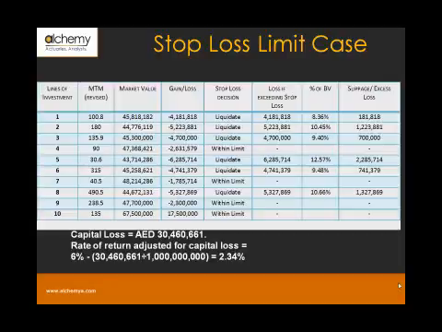So while slippage has happened, from a capital protection point of view, on these 6 positions, you've lost about 30.46 million. On average, you were allowed 5. So on these 6, you've lost about 30.